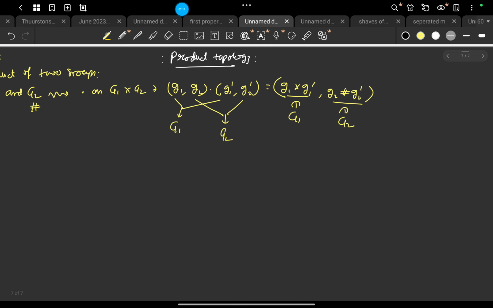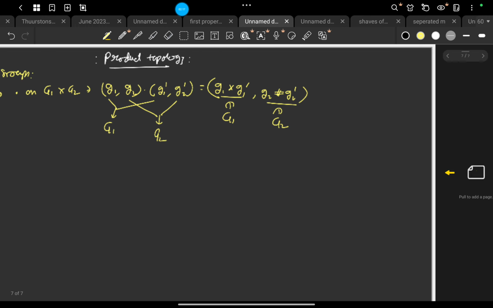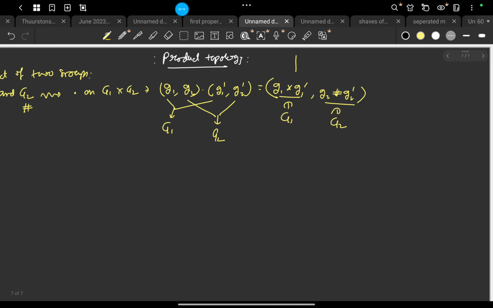So of course this dot is closed in this binary operation and satisfies all the group properties. So that basically gives that from two different groups we have constructed another group.